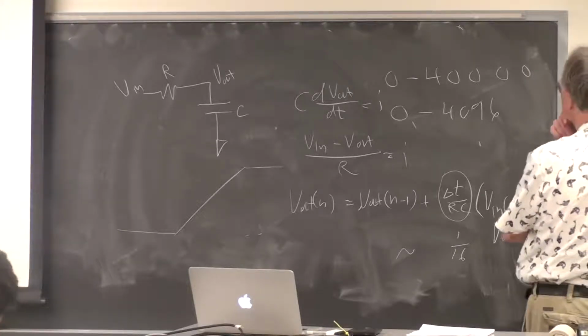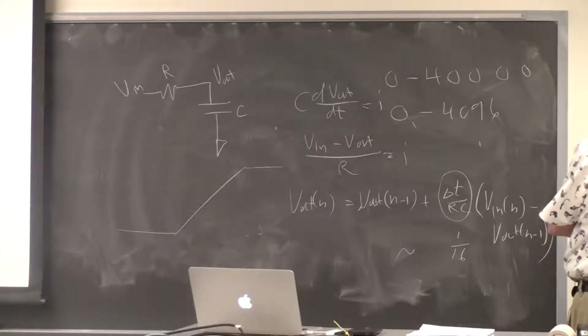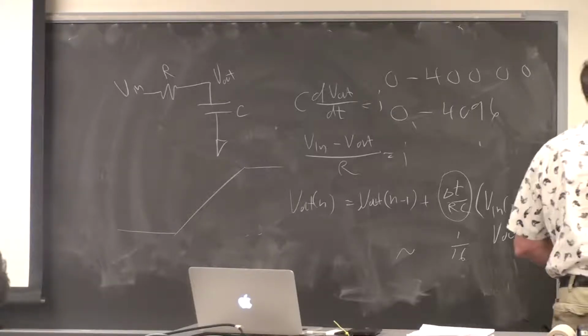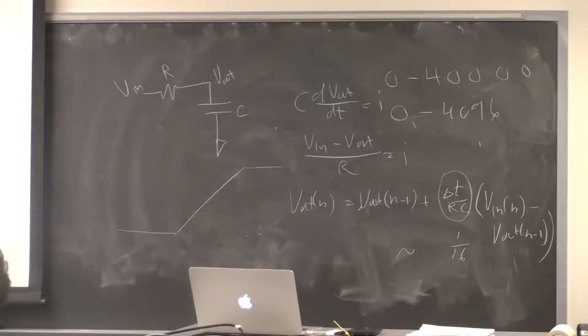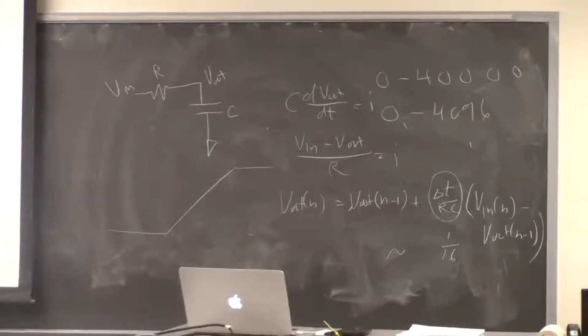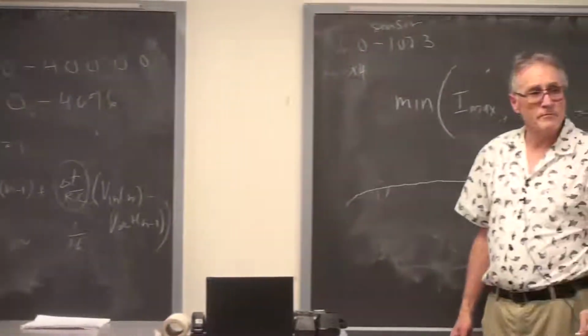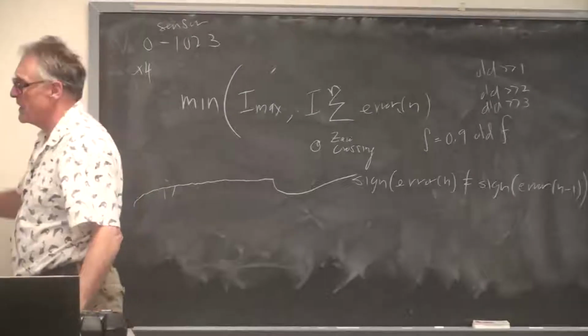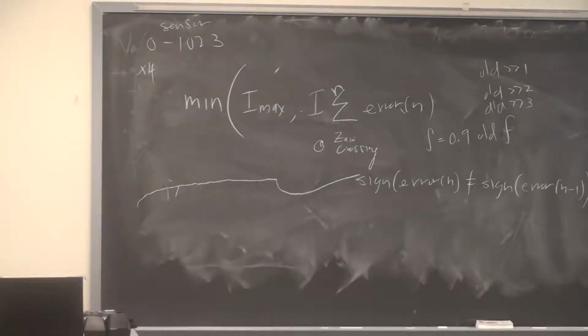Looks like a divide by 10 would do it. On the other hand, for the sensor, 0 to 1023, if you multiply by 4, then you'll get 0 to 4096. So you're going to want to multiply the sensor by 4 and divide the PWM output by about 10.